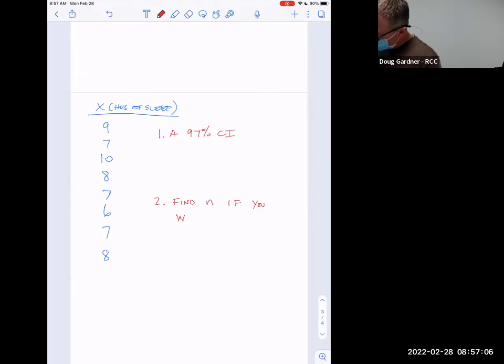So second one is find N if you want the error to only be 15 minutes, but we're measuring in hours, so I'm going to make up a pretty small error. All I want to do is just put the right answers up and then come around and talk if you got it wrong.